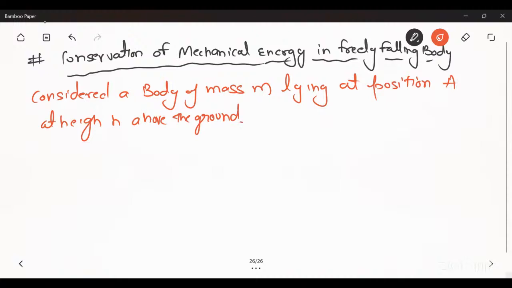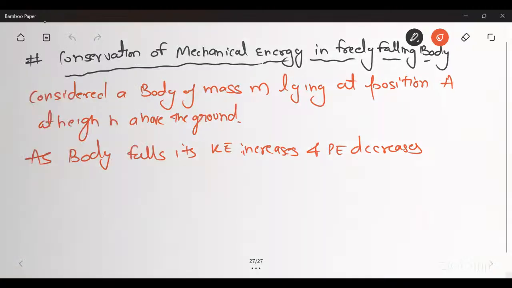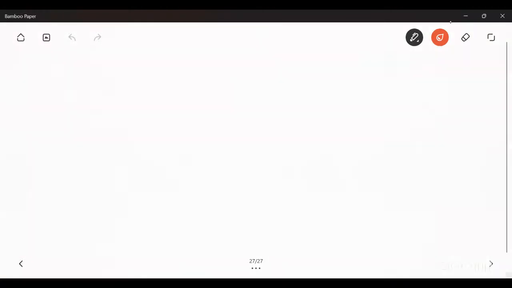As the body falls, its kinetic energy increases and potential energy decreases. So, if I draw the diagram, suppose that was position A where the body remains. Now, the body is falling down.